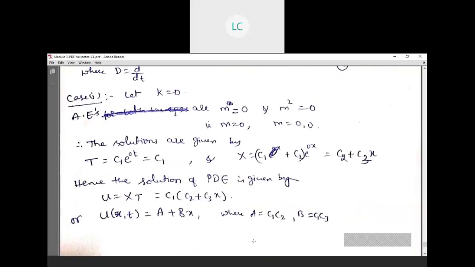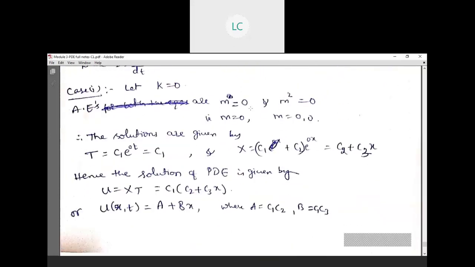We can simplify this: just multiply c1 inside the bracket, c1 c2 plus c1 c3 x, right? Here I mention c1 c2 as a, and c1 c3 as b. That's why the solution is u is equal to a plus bx. This is when k is equal to 0.